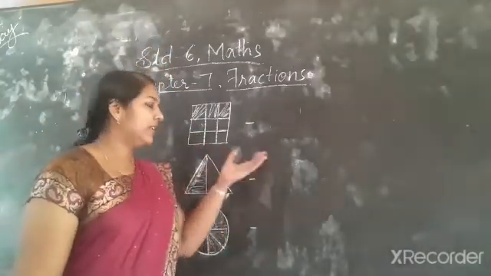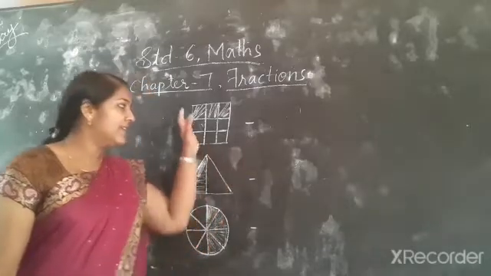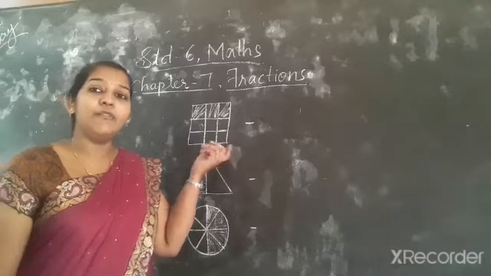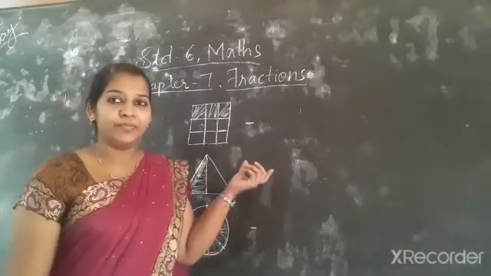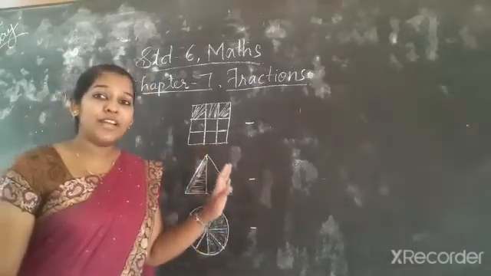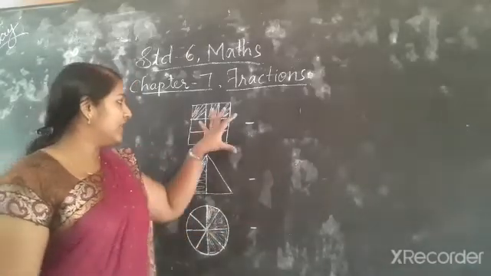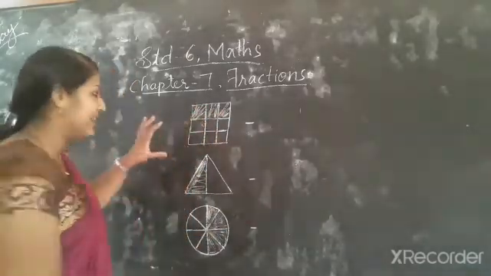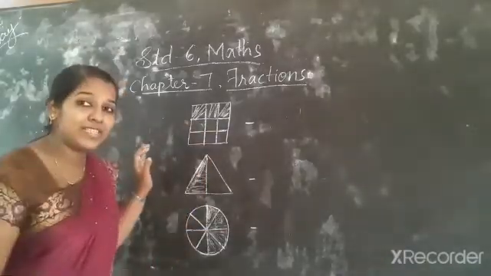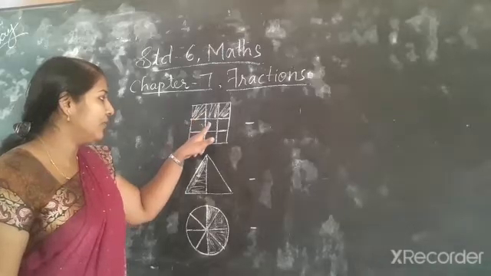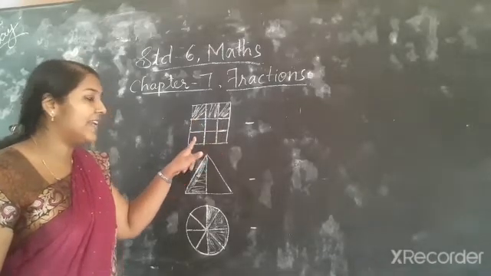Children, look at these questions. Here some pictures are given. You have to identify the fraction for the shaded part. This is a square, and it is divided into how many parts? Let's count: 1, 2, 3, 4, 5, 6, 7, 8, 9.